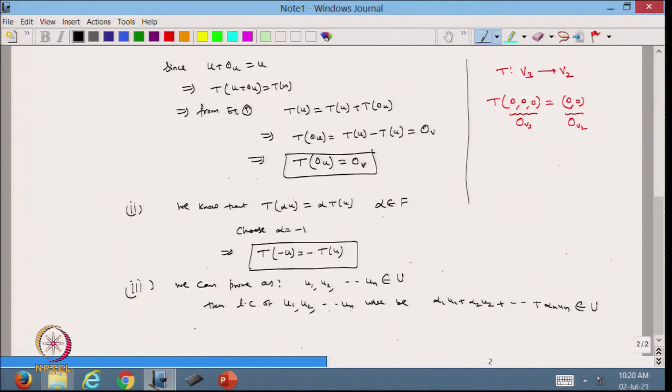So I can write this as T of alpha 1 U1, alpha 2 U2, up to alpha n UN.